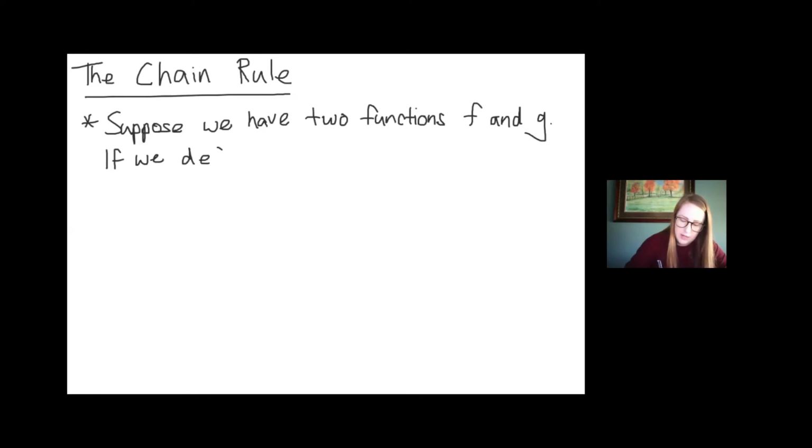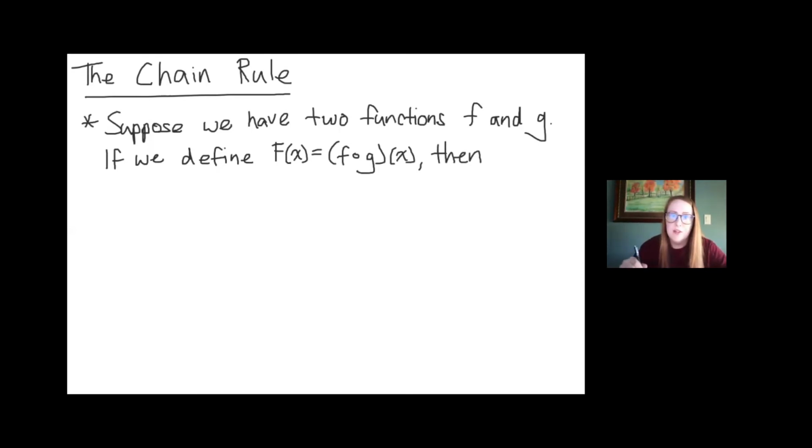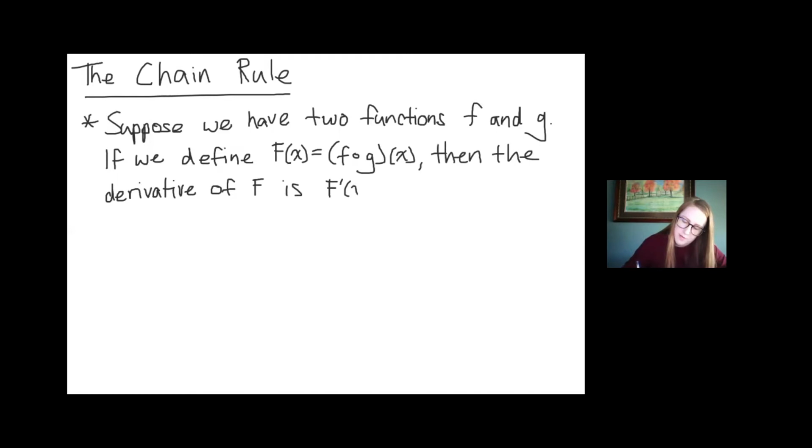If we define a new function, capital F of x, to be equal to the composition f of g of x, so basically a function within a function, then the derivative of function capital F is, so F prime of x, this is a formula to find the derivative of a function within a function, which is the chain rule.